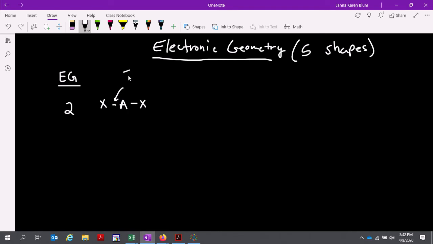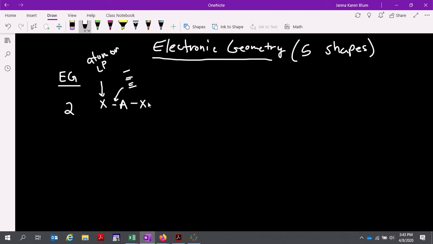So it can be either a single, a double, or a triple bond. It doesn't matter. I'm just showing the attachment between the atoms. And then X can be an atom or a lone pair. Okay? So don't worry too much about that. Just A has two different electron groups around it, whether a bonding group or a lone pair.